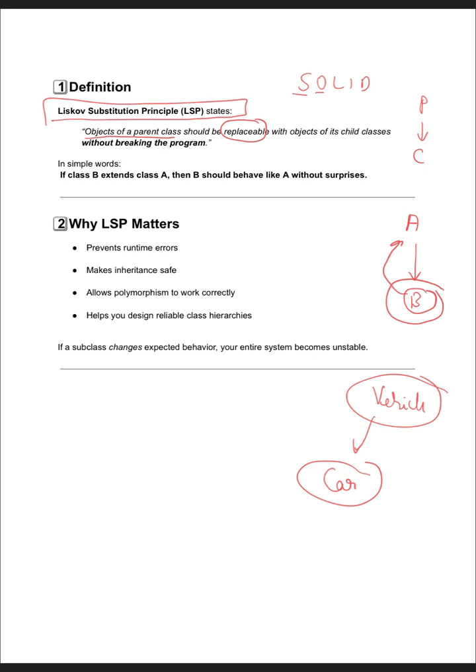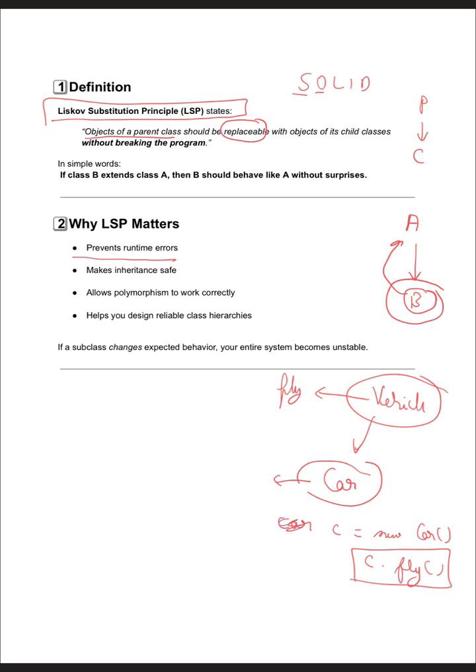Now, why does LSP, the Liskov substitution principle, matter? It prevents runtime errors, especially if you are not following inheritance correctly. Let's say your vehicle flies, right? Now, if you have car as your class and c is the object, and you are calling c dot fly, then it will fail because car cannot fly.